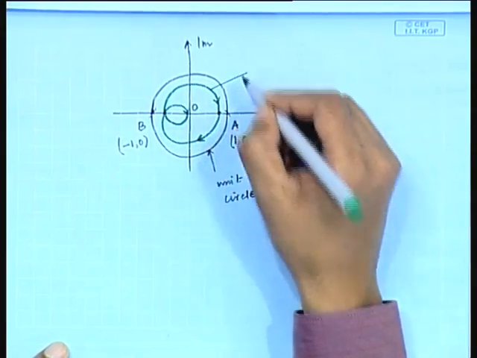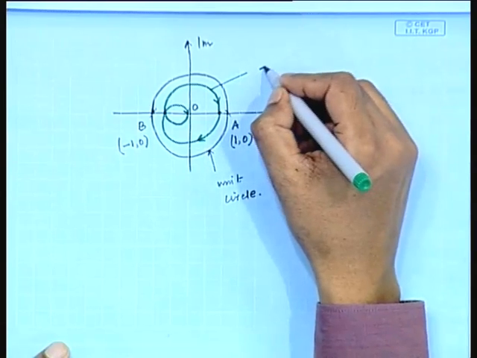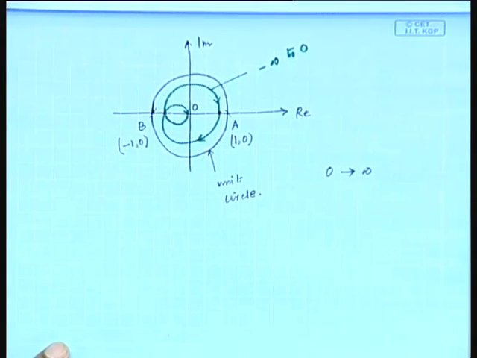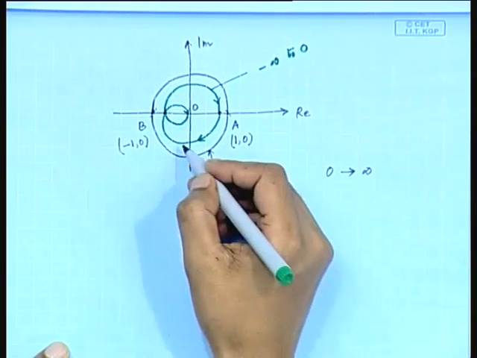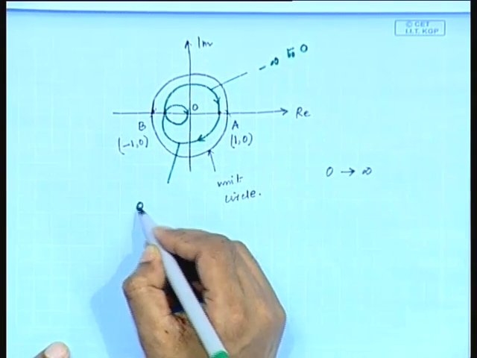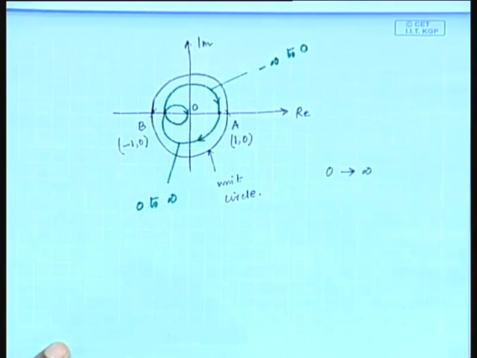So, this plot we can obtain varying omega from minus infinity to 0, and this we obtain varying omega from 0 to infinity.